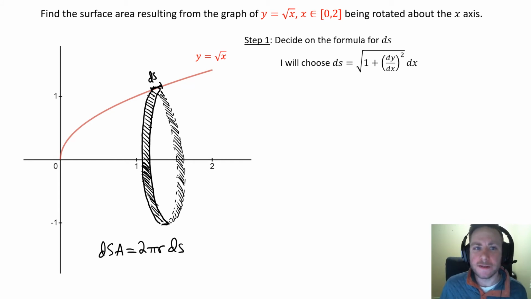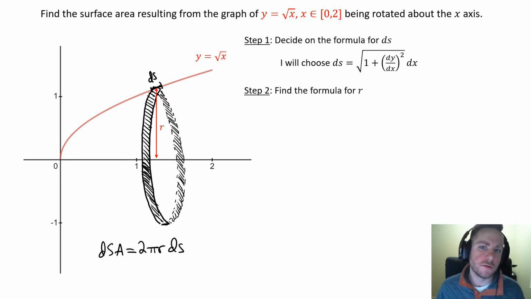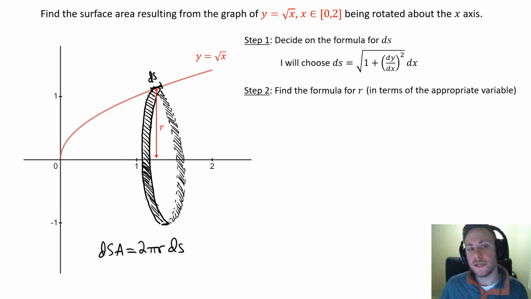Aside from ds, our surface area formula also requires us to consider the radius r of this ring. And it's important that we express our radius in terms of the appropriate variable. Since we're doing a dx integral, we should get our radius in terms of x, not in terms of y.